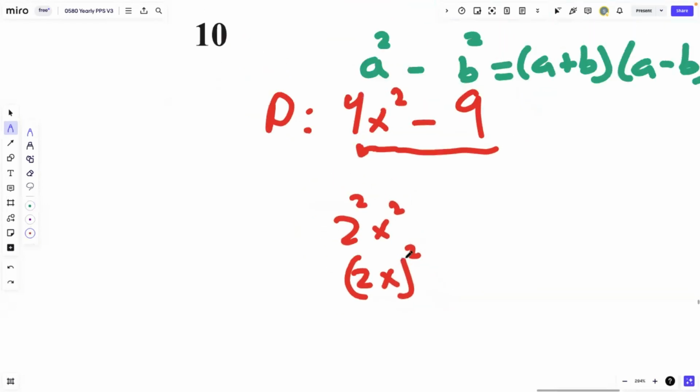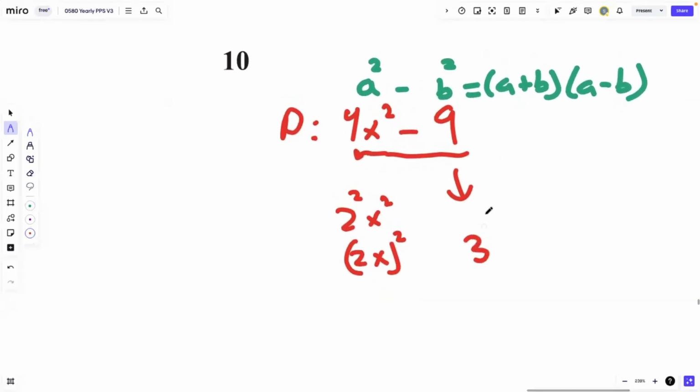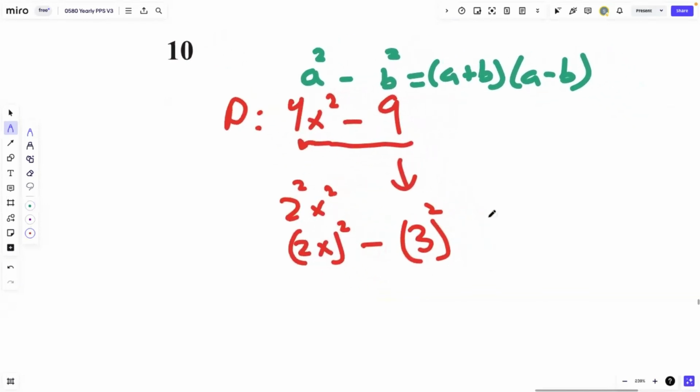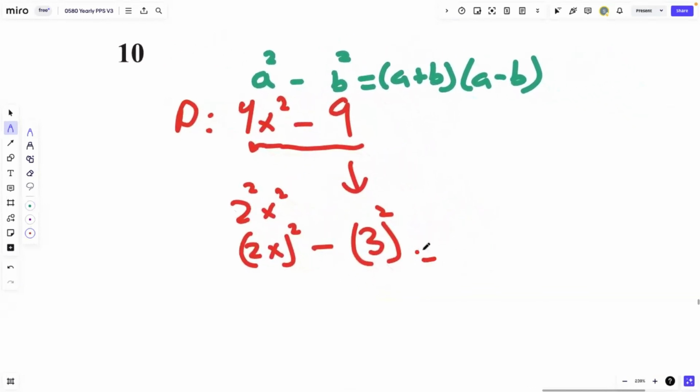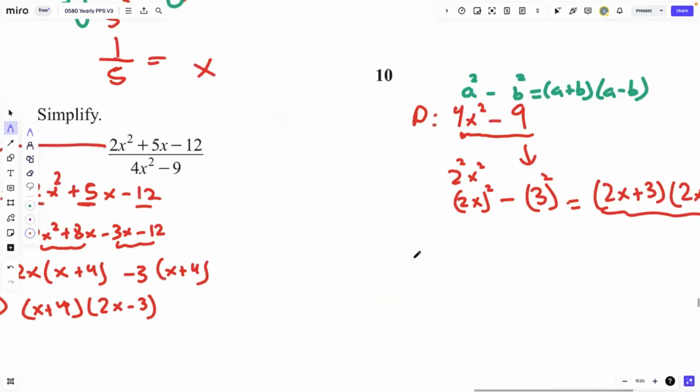It's acceptable. Similarly, 9 in a power of 2 is going to be 3 squared. You have the minus in between. We can now apply the identity. So it's going to be a plus b, that's 2x plus 3, and a minus b, that's 2x minus 3. That's your simplified form for this.